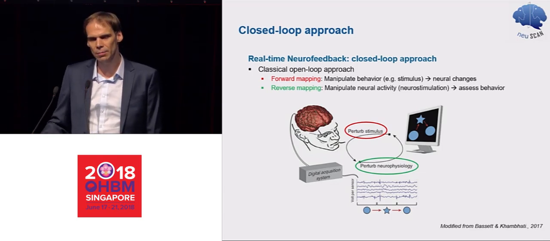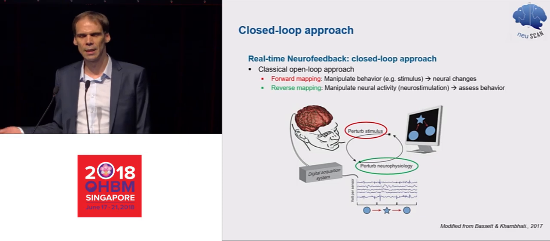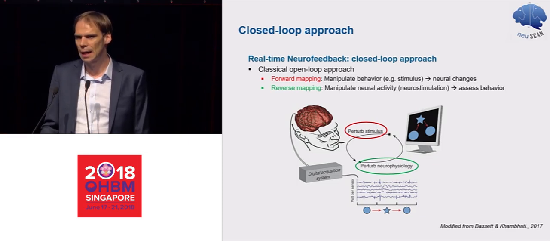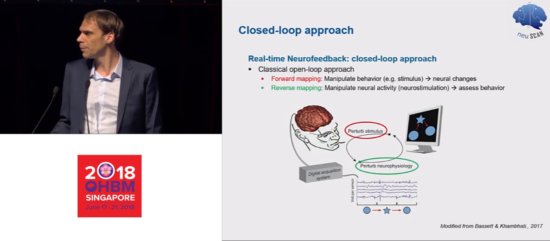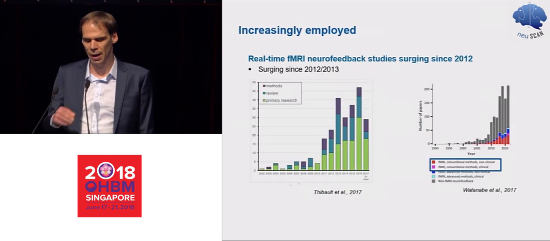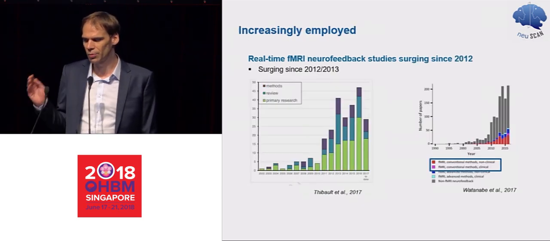Because it's a very elegant approach, but also because of the growing interest in clinical application, we see an increasing number of studies using real-time neurofeedback. I think it started around 2012.